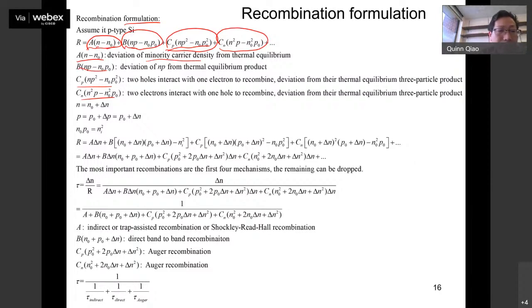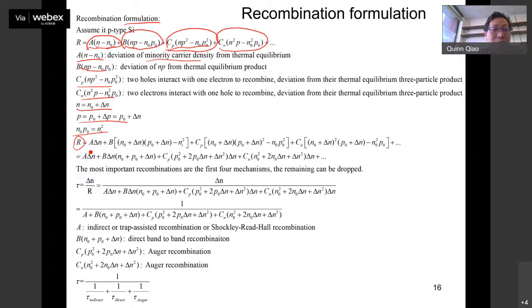The carrier density n equals n0 plus delta n, and p0 plus delta p equals p. Then n0p0 is ni squared, and np will be that. Then R here is the recombination rate, and you have delta n.